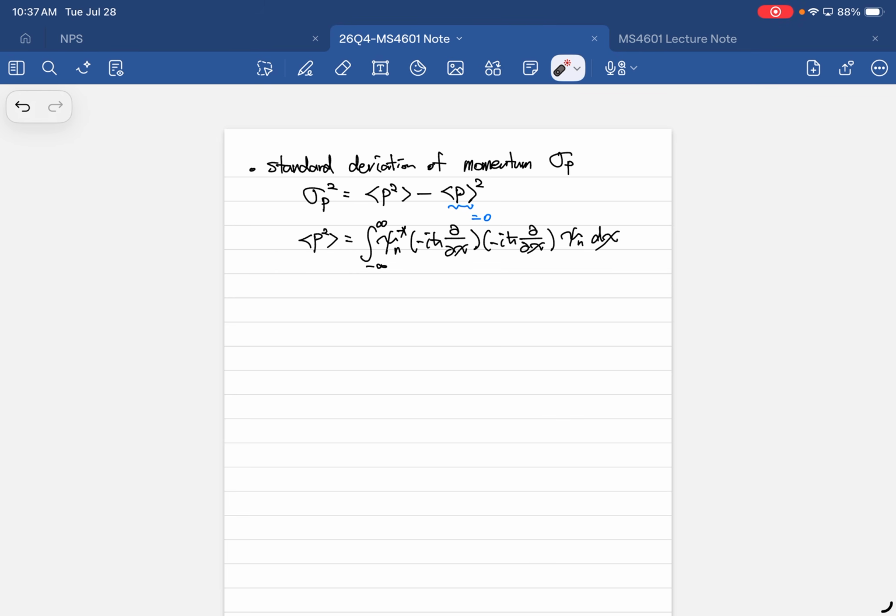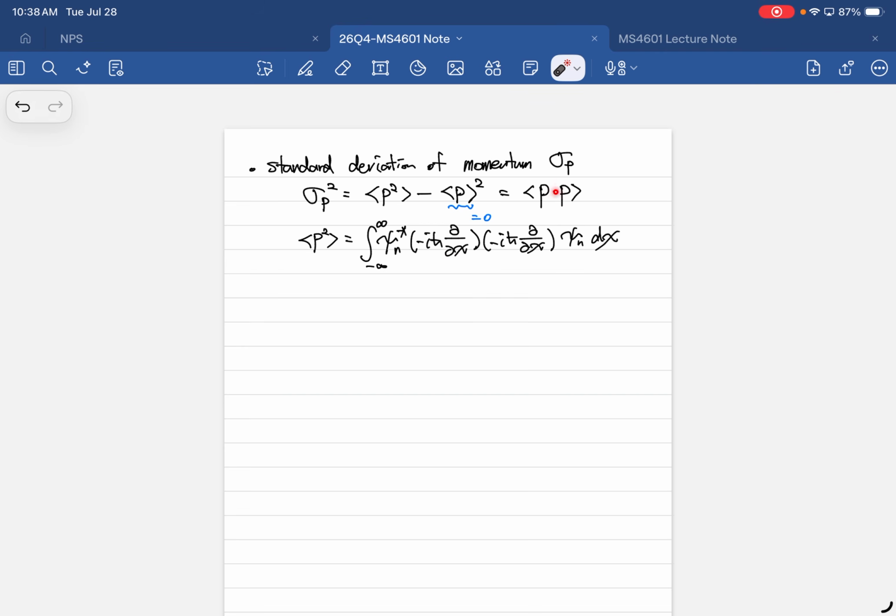But we already know the expectation value of momentum is 0, so now we have to evaluate p squared. That is p times p, and we know the operator for p is negative i h bar, del over del x.